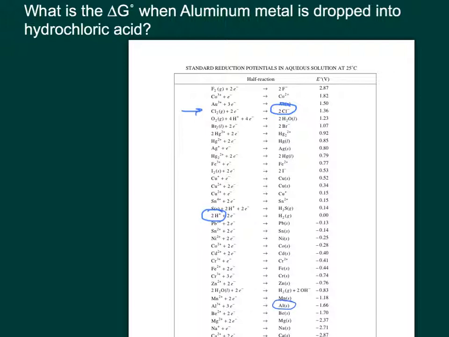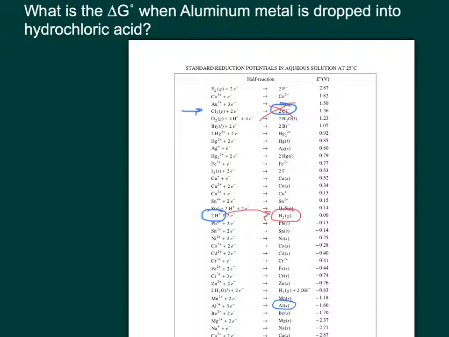Remember from looking at the table that the higher up, the more likely to be reduced. Well, the chloride is the highest up. It's the most likely to be reduced, but it already is reduced, so we don't really have to worry about this reaction. It's already got its electrons. If we go down to the next one, the H plus, you can see that H plus wants to form H2 gas, and it's in its oxidized form, so this could react to form H2 gas as long as we have something to give it electrons.